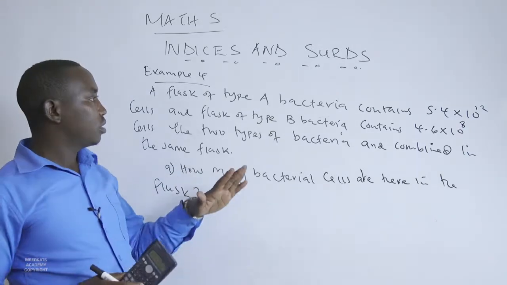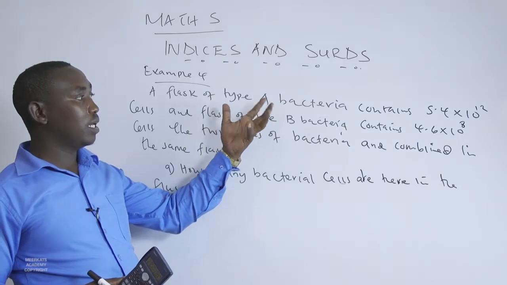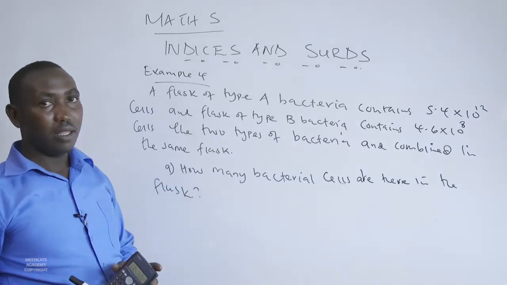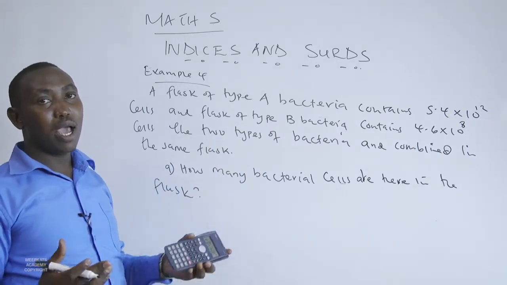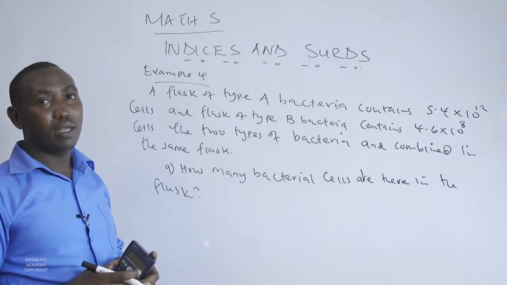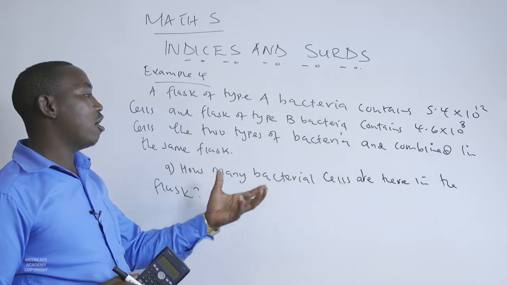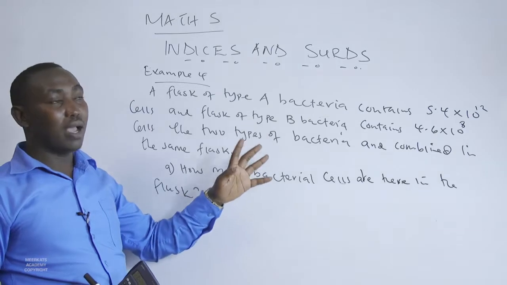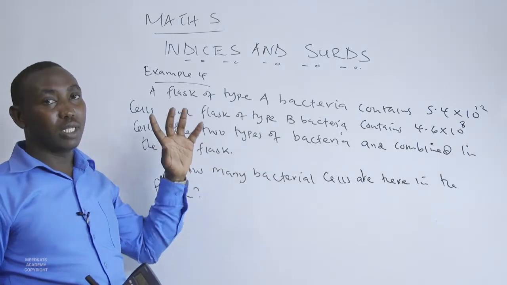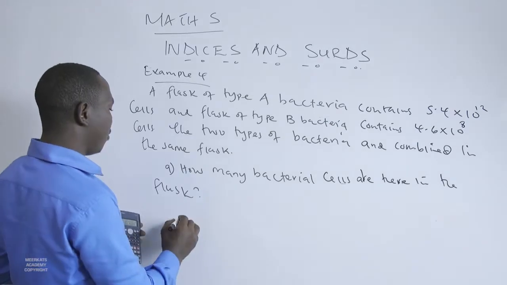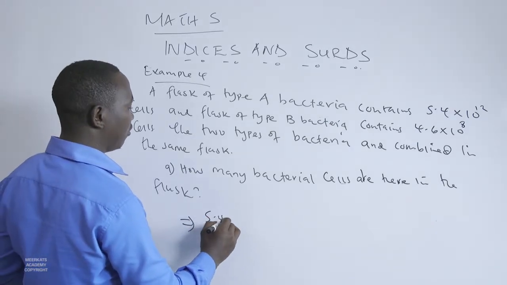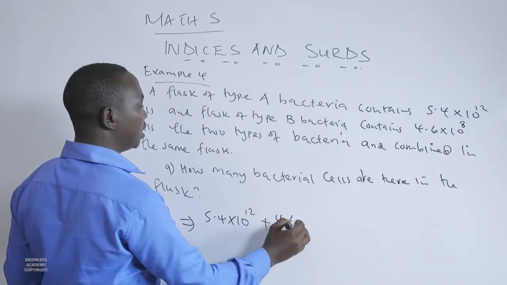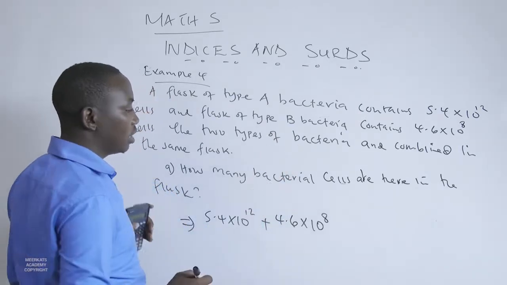So we have two flasks, one containing type A bacteria and another containing type B bacteria. Then we are told that type A and type B are combined into one flask, and they are asking how many cells there will be together. So you get the cells of type A bacteria and add them to the cells of type B bacteria, and therefore we are going to have 5.4 times 10 raised to 12 added to 4.6 times 10 raised to 8.